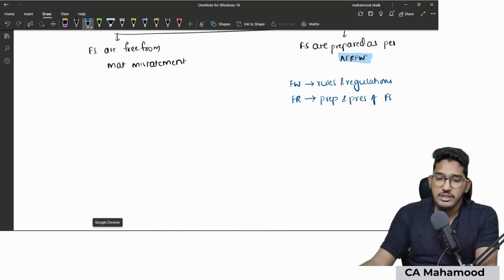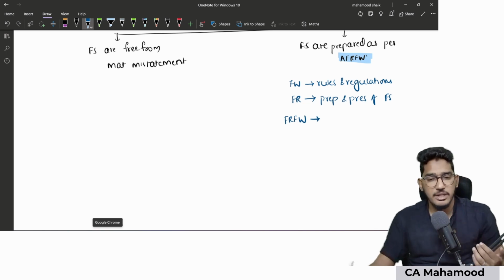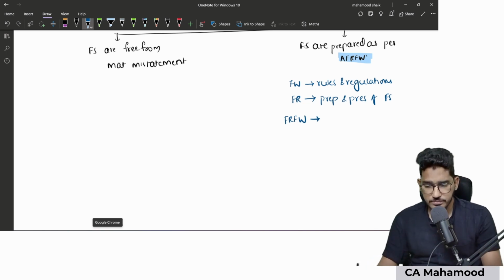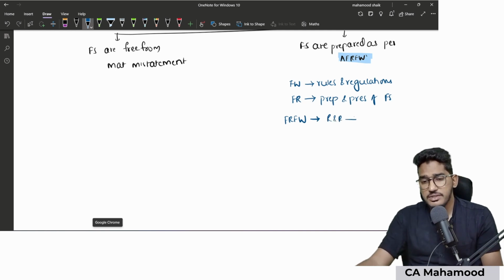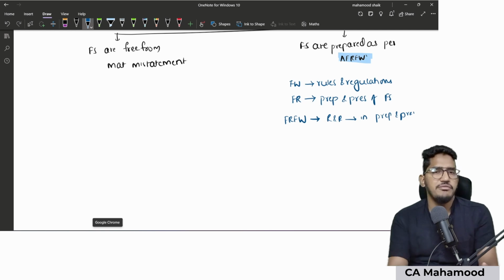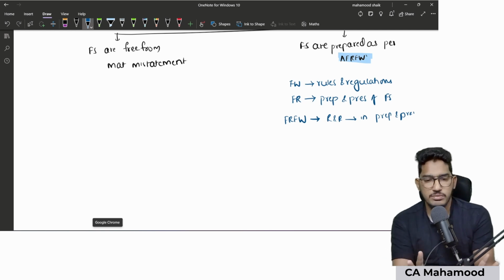Then finally, if you combine both the terms, financial reporting framework. Now what is the meaning of financial reporting framework? Financial reporting framework means the set of rules and regulations which are required to be followed in the process of preparation and presentation of financial statements. That's all. Simple. Framework means set of rules and regulations.